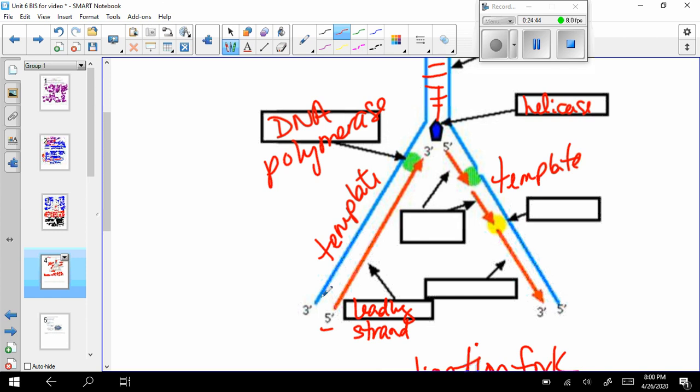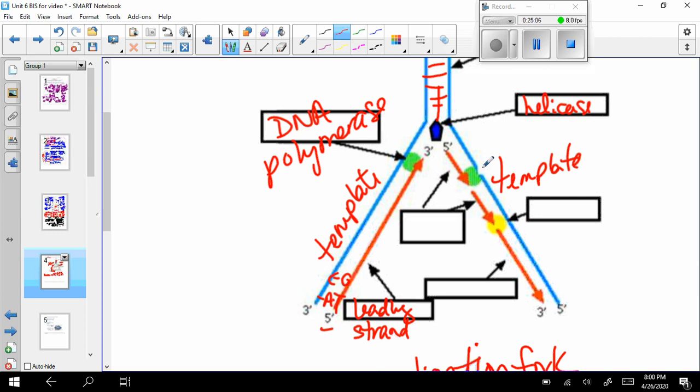And basically right here, if this is an A, DNA polymerase goes, okay, I need a T. And if this one's a C, DNA polymerase goes, okay, I need a G. And so it always attaches the appropriate corresponding nucleotide going in the direction from 5' to 3' towards the fork.